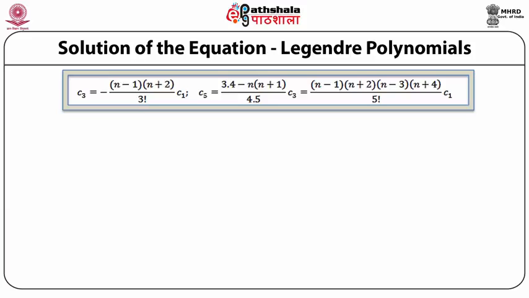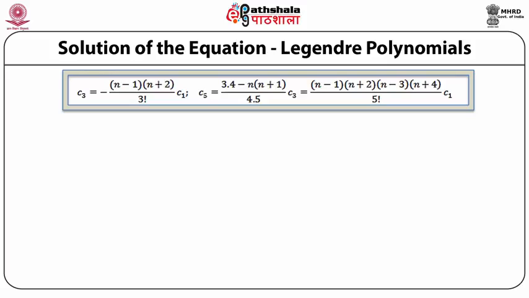Similarly, C5 = (3·4 − n(n+1))/(4·5), the entire thing multiplied by C3, which results after simplification in C5 = −(n−3)(n+4)C3/(4·5). Or I can rewrite the expression as (n−1)(n+2)(n−3)(n+4)C1/5!.